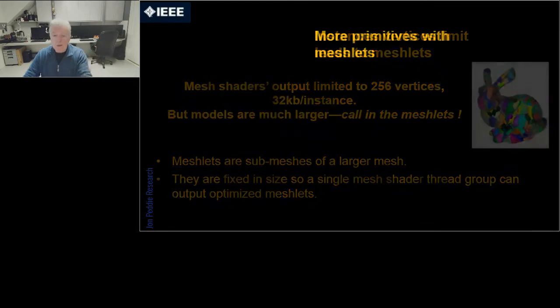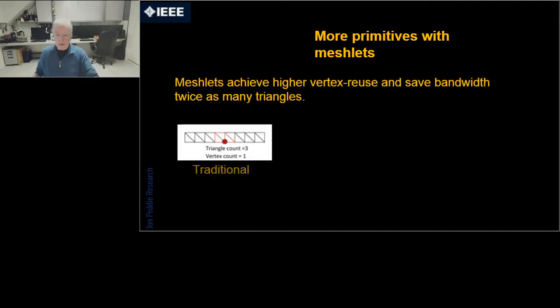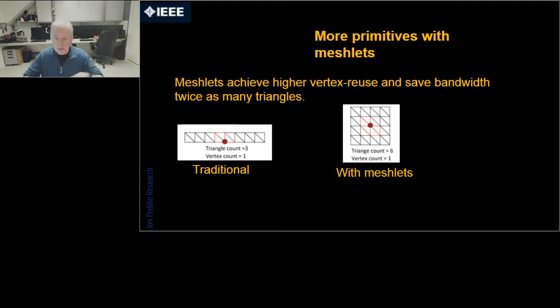And so the concept's easy to understand. You have a traditional triangle count, and you can see how many vertices there. So three triangles, one count per vertice. But now the meshlets gives you a broader view of the world, so to speak. And so now you more than double your ability to do processing of vertices and other coordinate information.